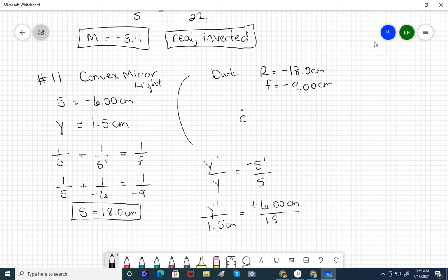And S was 18 centimeters. So the image distance was negative, but the formula for magnification looks like this. If we want to know y prime, it's going to be 1.5 times 6 divided by 18, which is 0.5. So it definitely did not act like a magnifying glass. It made an image that was smaller.